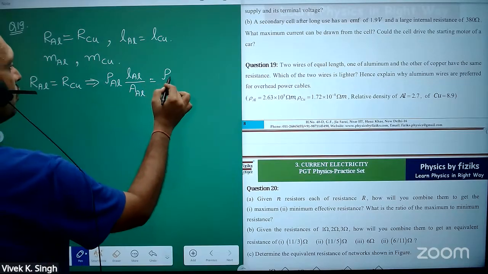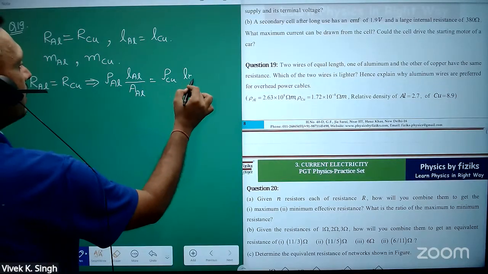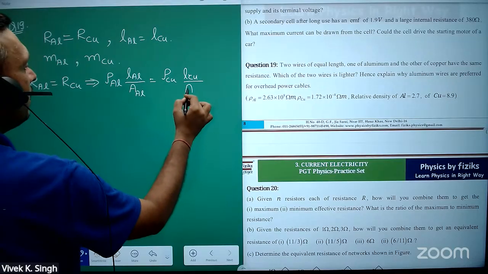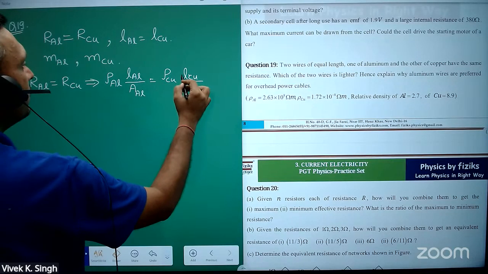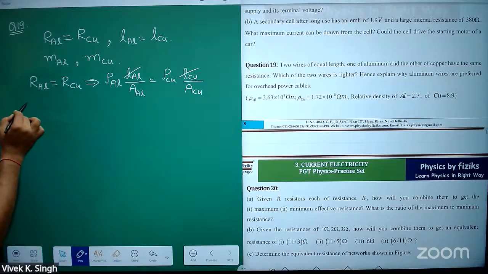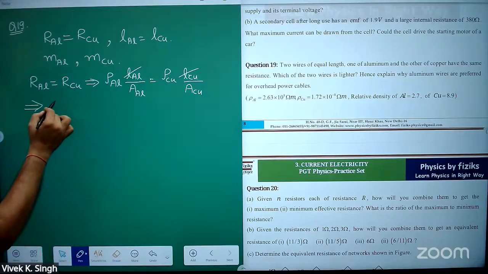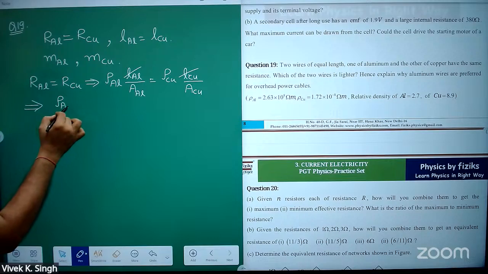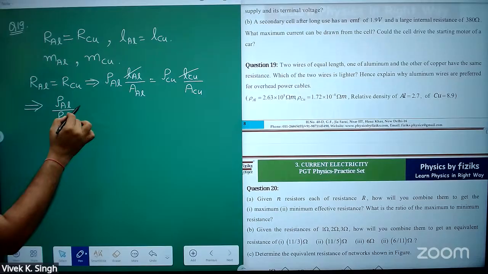So this is rho copper L by A copper. This length will be same, so you will get their resistivity of aluminum and copper.